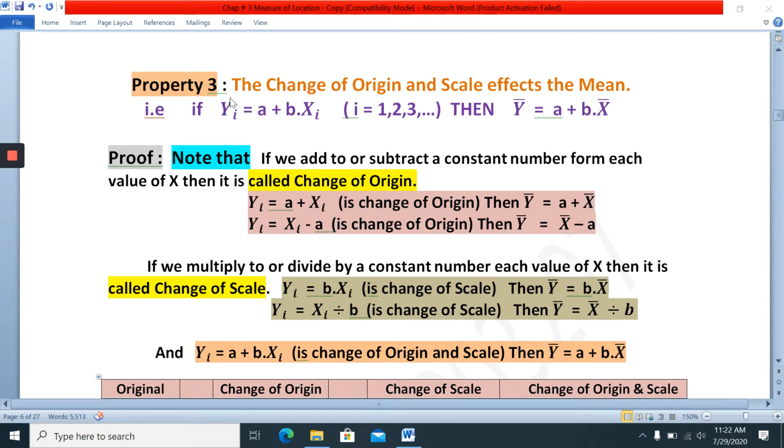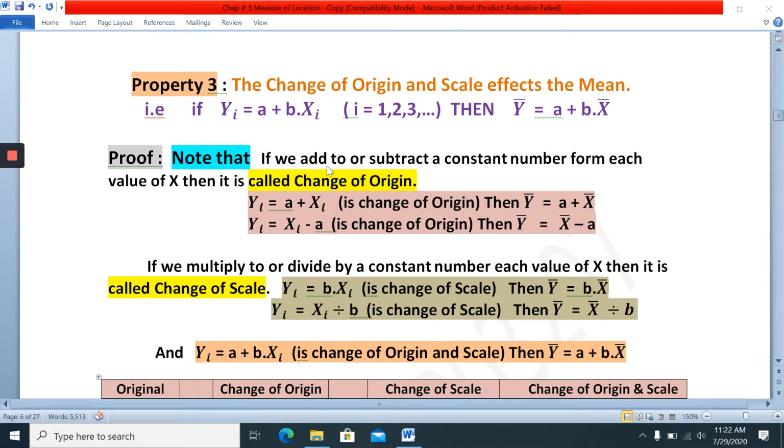The y bar is equal to a plus b times x bar. This is called change of origin and scale.